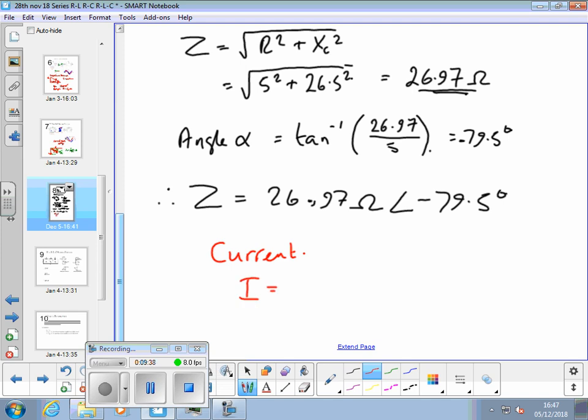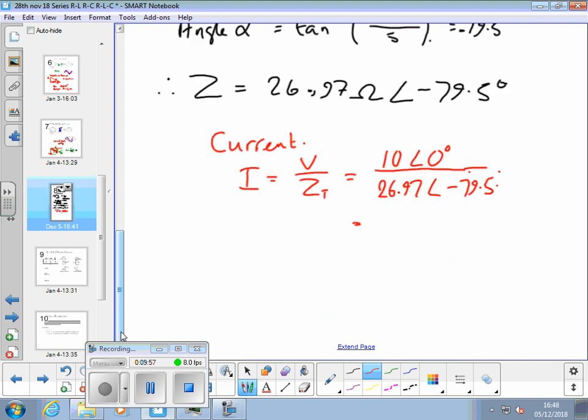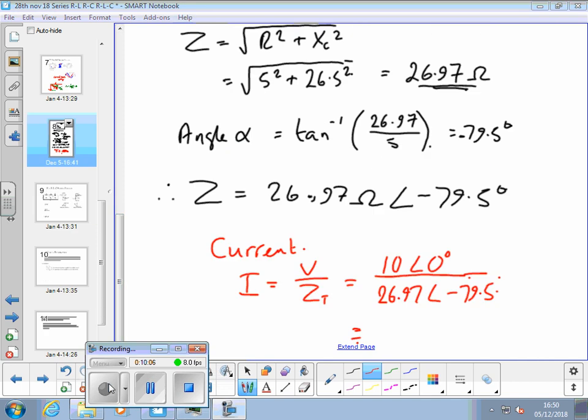I is equal to V over Z. That's 10 at angle 0 divided by 26.97 at angle minus 79.5 degrees.